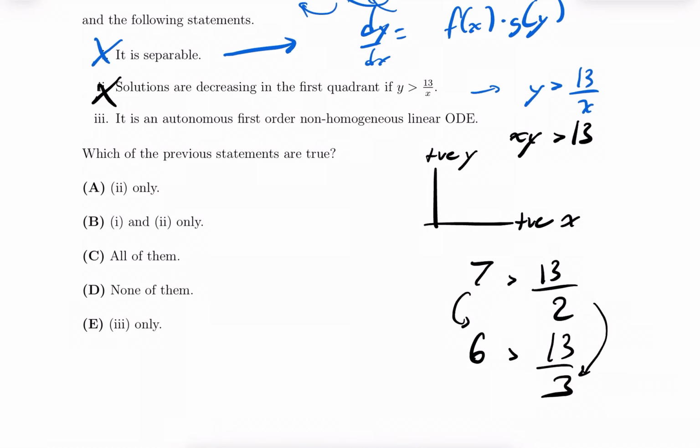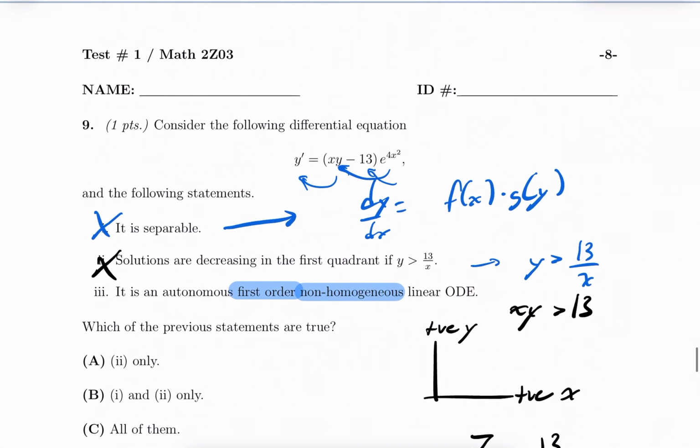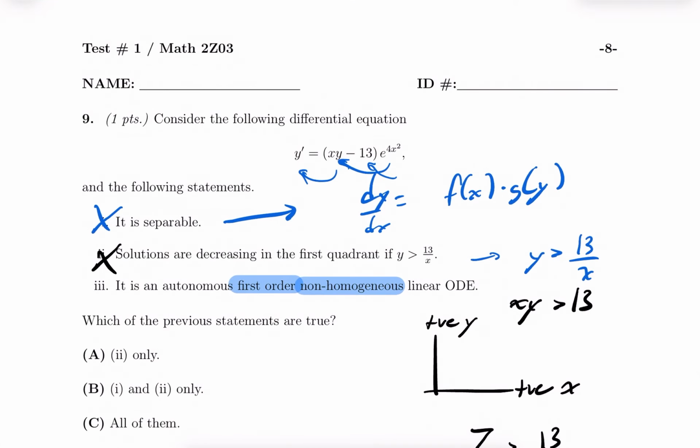I read first order, which is where my mind went, and then non-homogeneous. Is it a first order non-homogeneous? It's first order, that's perfectly fine with respect to y, and it is non-homogeneous. So that was absolutely useless. We really got to focus on this autonomous part.